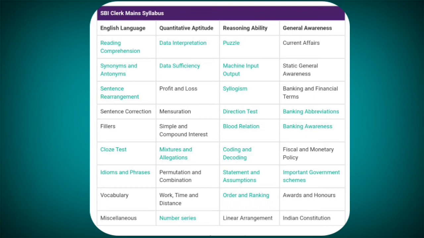SBI Clerk Mains Syllabus: English Language, Quantitative Aptitude, Reasoning Ability, General Awareness. English Language, Reading Comprehension; Quantitative Aptitude, Data Interpretation; Reasoning Ability, Puzzle; General Awareness, Current Affairs. English Language, Synonyms and Antonyms; Quantitative Aptitude, Data Sufficiency; Reasoning Ability, Machine Input-Output; General Awareness, Static General Awareness.